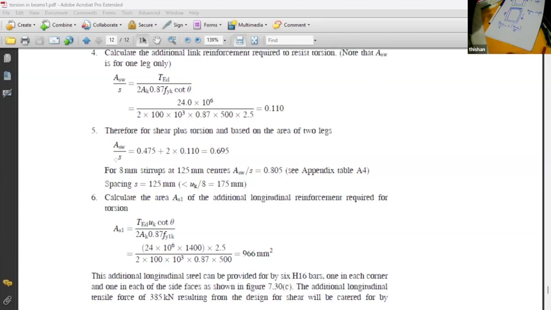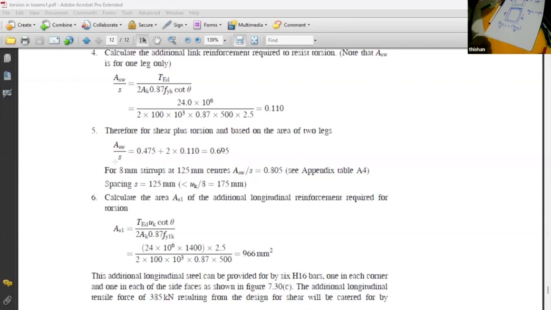ASW is now representing the shear link, because it has two legs, so you have to multiply. This is not 50 divided by S, this is 100 divided by S. Area of 8 millimeter reinforcement is 50, but ASW is actually representing two legs. Can you see that?